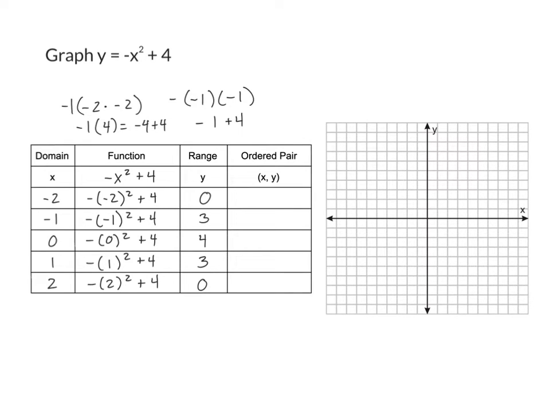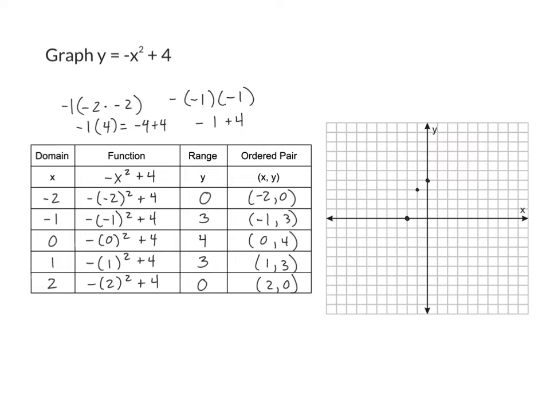Okay, so let's write down those ordered pairs. We have (-2, 0), (-1, 3), (0, 4), (1, 3), and (2, 0). Now let's plot them.